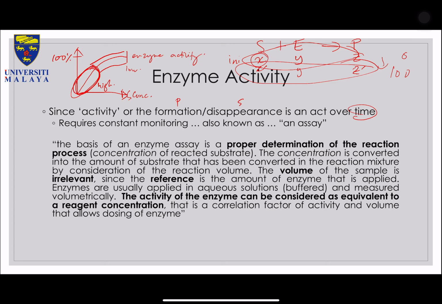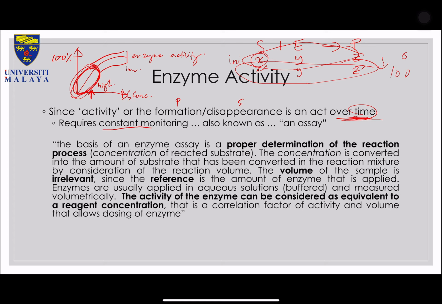I can't remember the terminology off the top of my head. So when you measure the activity over time, what you normally would like to do is look at this initial bit of the activity.